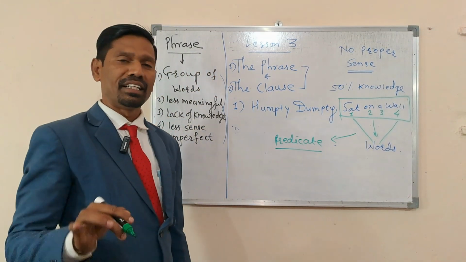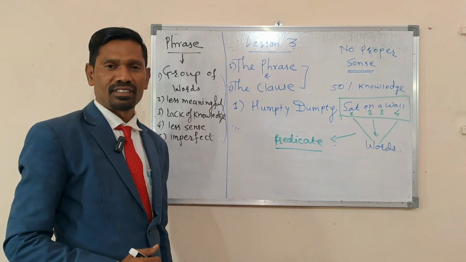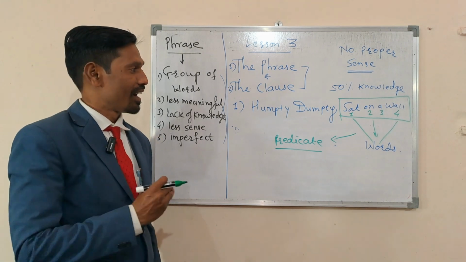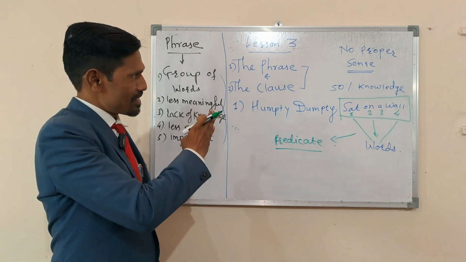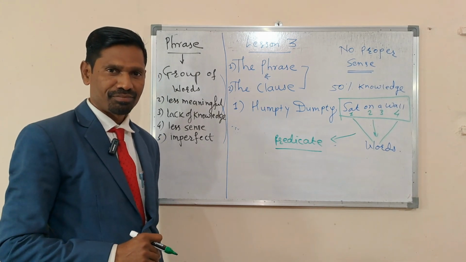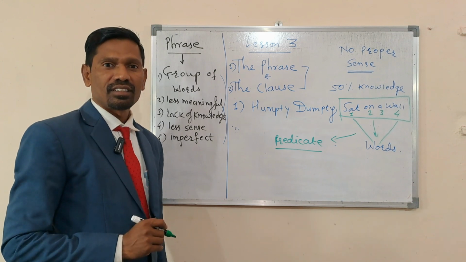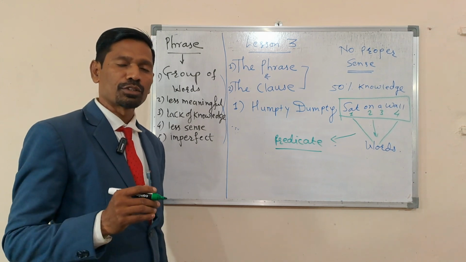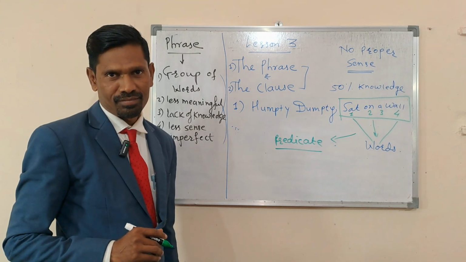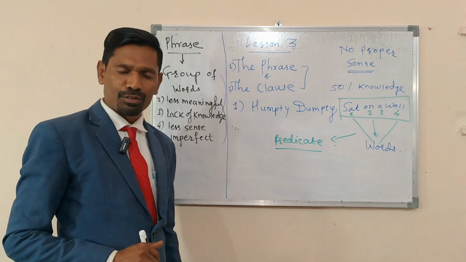What is a predicate? Predicate is also n number of words, but with a little bit of information. And a phrase means the collection of words. The teacher said to all students, sit down.